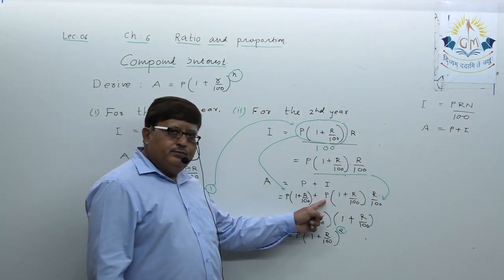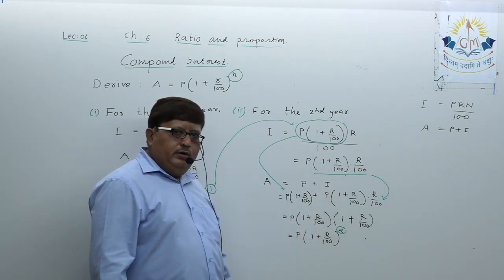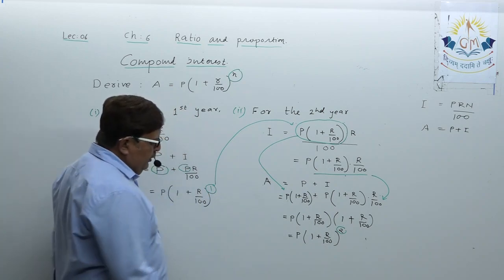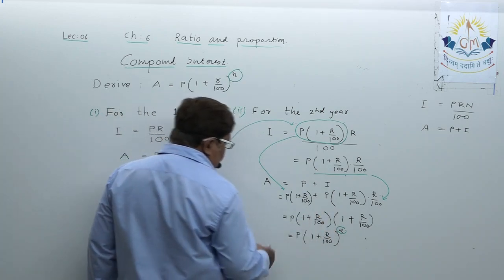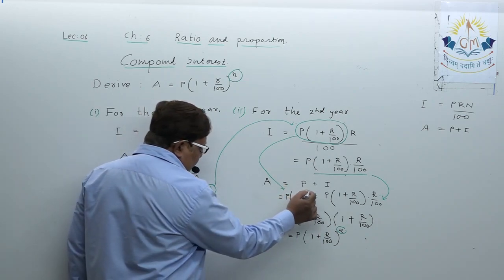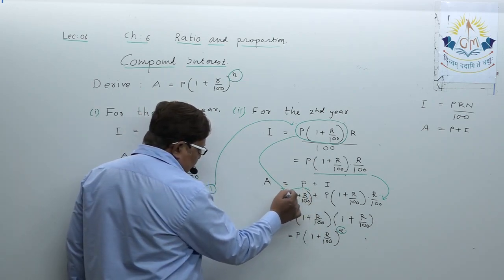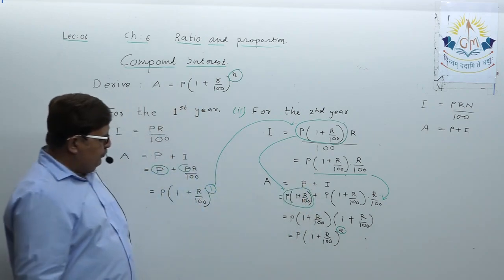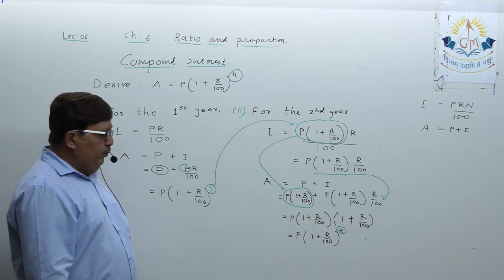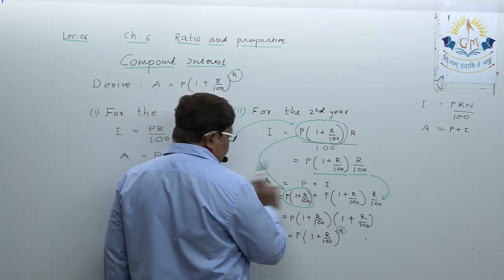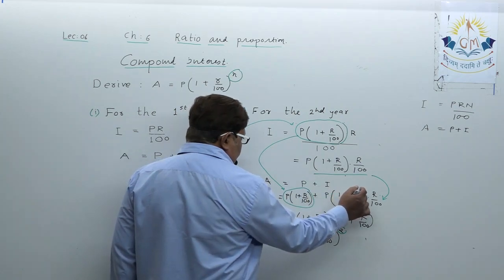P into 1 plus R upon 100 into R upon 100. And now, dear student, be watchful. What can be taken out as common? See here, P into 1 plus R upon 100. In between there is plus sign, here also.